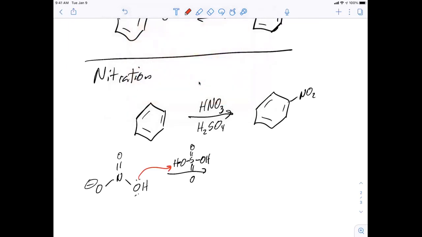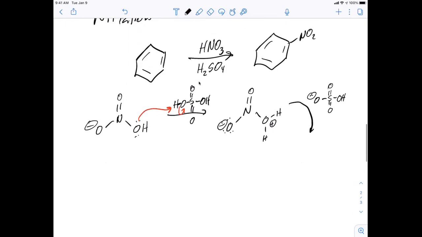The nitric acid actually gets protonated by the sulfuric acid. And then at this point, we get loss of the water.